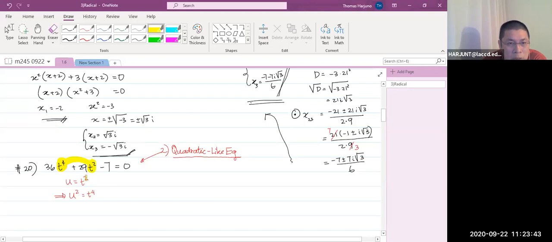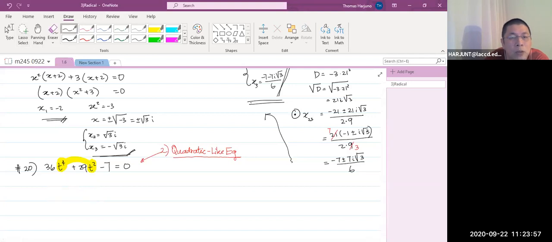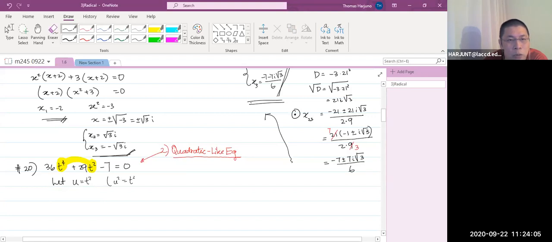So if this is my u, then this will be my u squared. Okay? So with that said, I will do the following substitution. I will say let u equals to t squared. Therefore, u squared equals to t to the 4th.